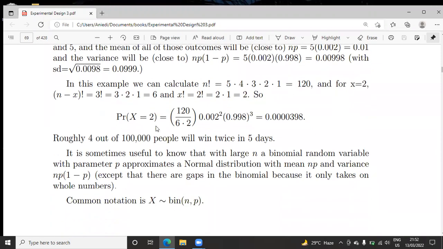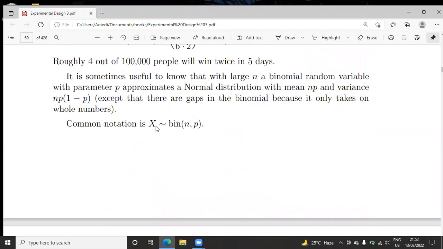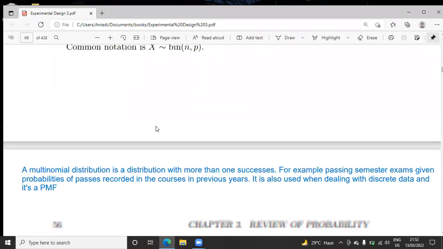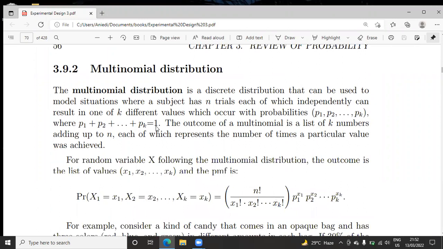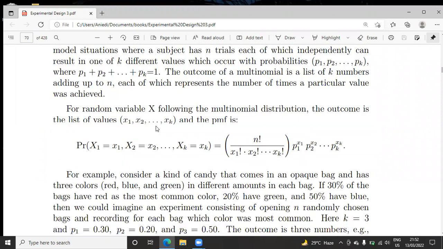So from that data, the person now wants to know several successes, more than one success. You know that what you are doing is a multinomial distribution. You understand?